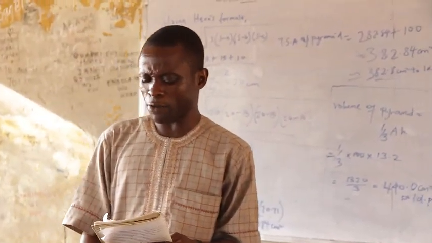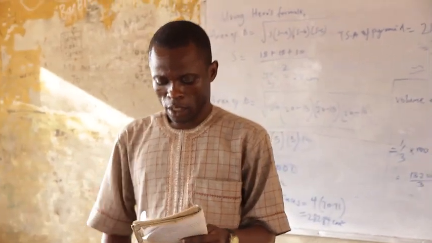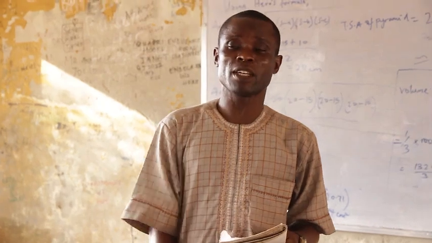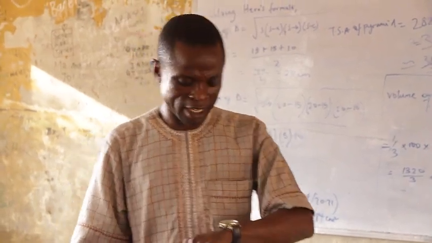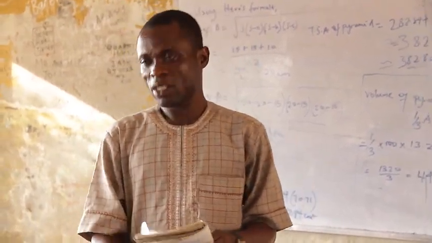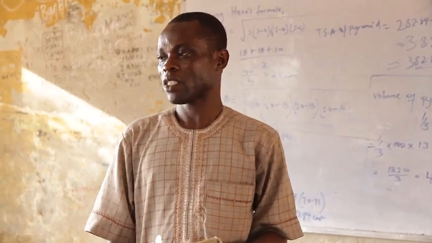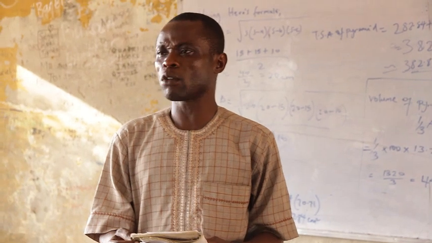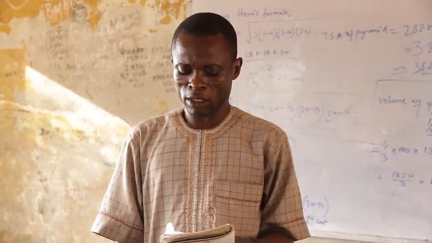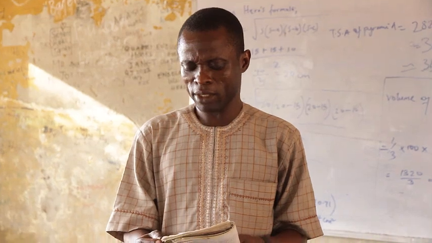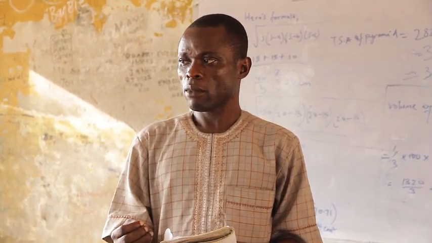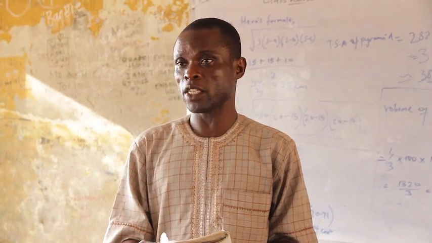Example. A pyramid of height 11 centimeter stands on a rectangular base, 10 centimeter by 7 centimeter.